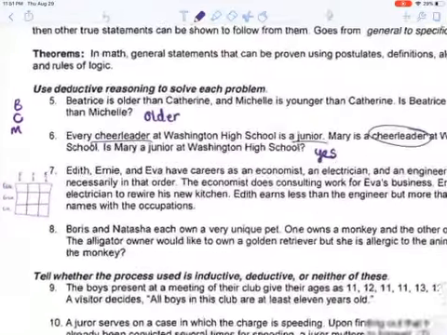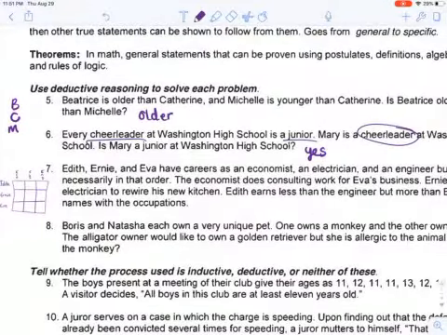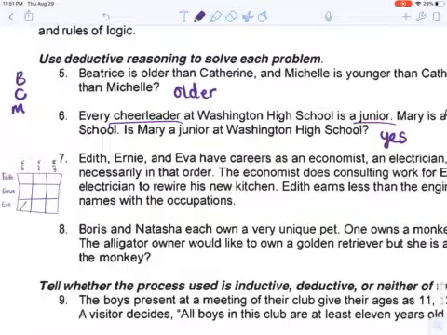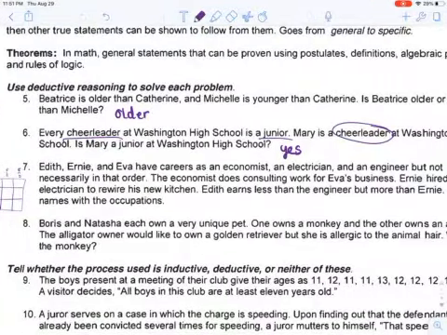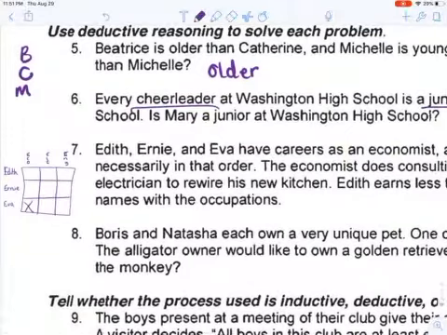So the first piece of information is this. The economist does consulting work for Eva's business. So we can conclude that Eva is not the economist. Ernie hired an electrician, the electrician, to rewire his new kitchen. So now we can conclude that Ernie is not the electrician.